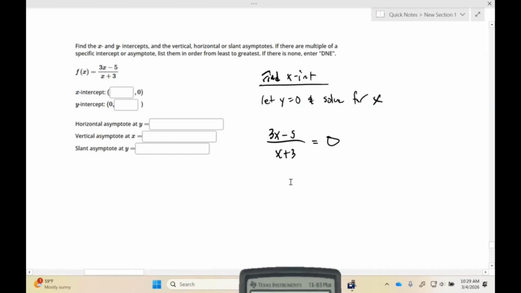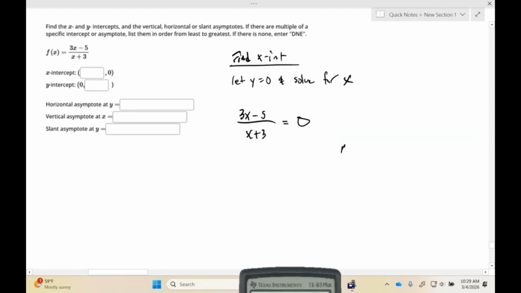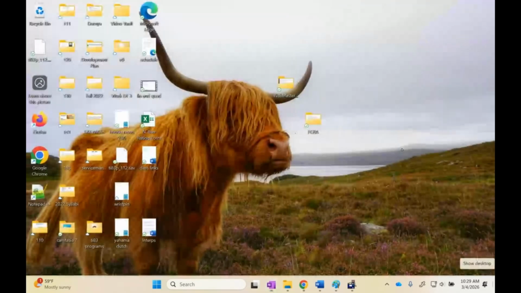Since I'm dealing with a fraction, the first thing you always want to do is get rid of the fraction. So you multiply both sides by the least common denominator.